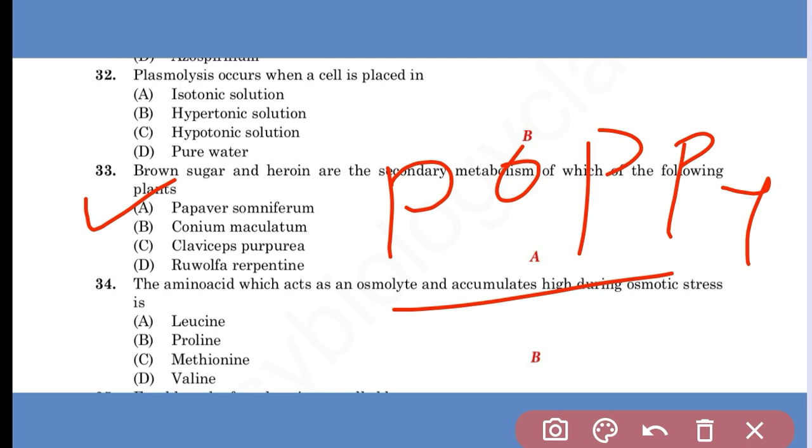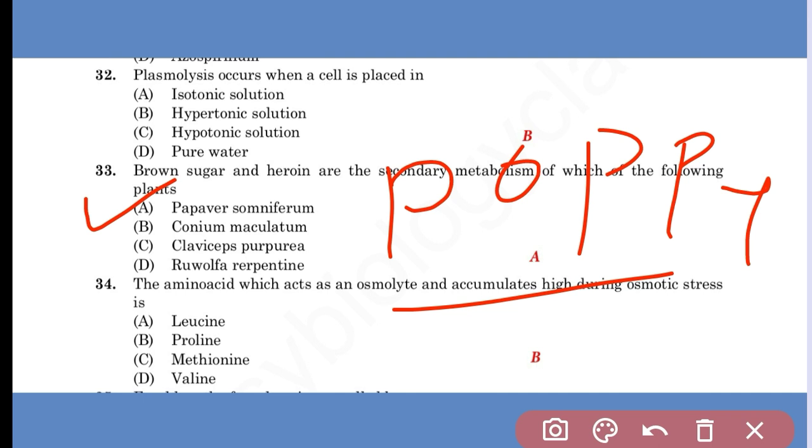It is also called smack, junk, skag and chaw. These are the regional terms. It is an opioid derived from morphine extracted from the poppy plant. Poppy means Papaver somniferum. So the answer of this question is Papaver somniferum.